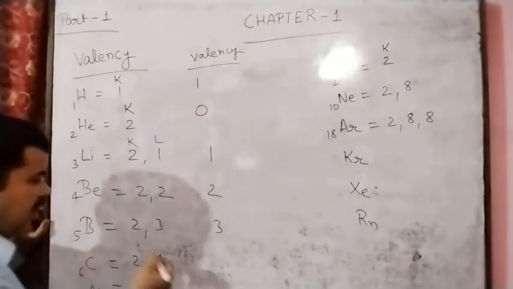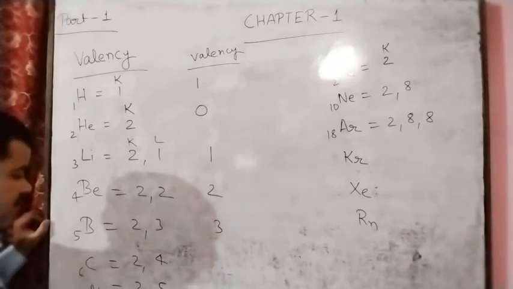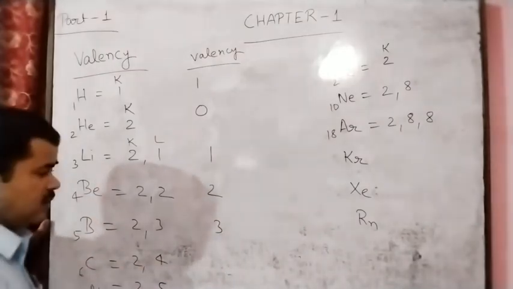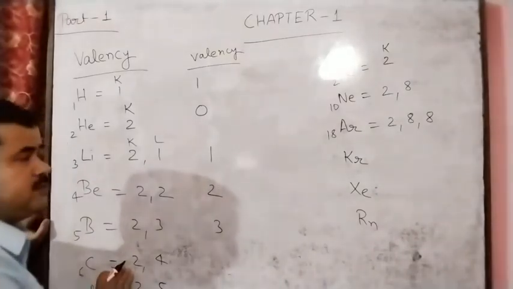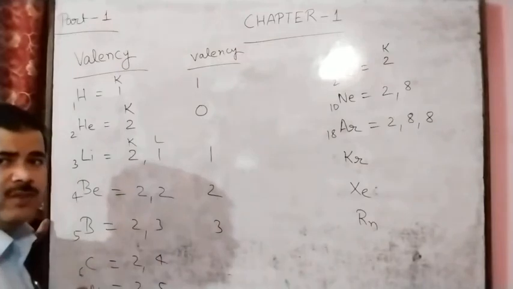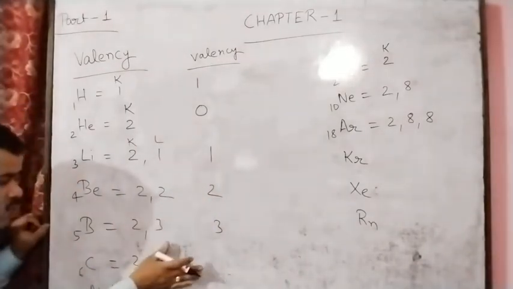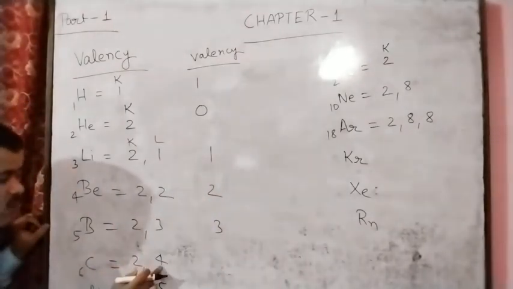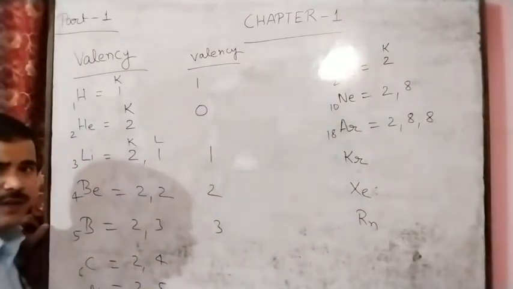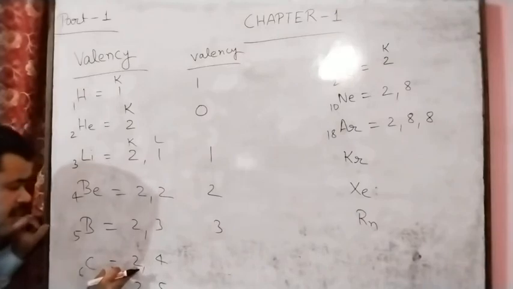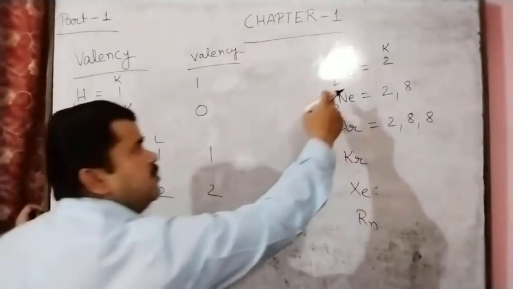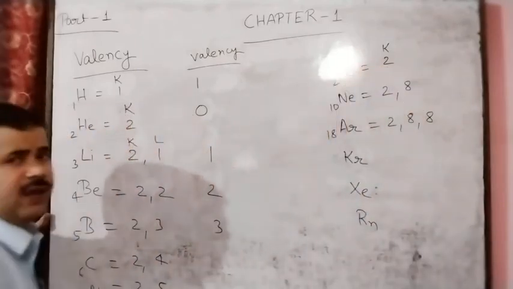Then carbon: its electronic configuration is 2, 4. This carbon is nearest to helium as well as neon, because by losing 4 electrons it will acquire the helium electronic configuration.